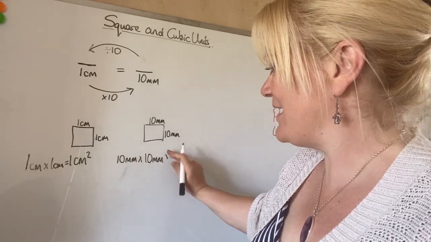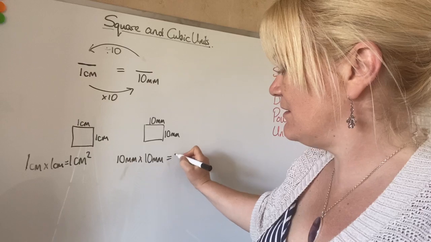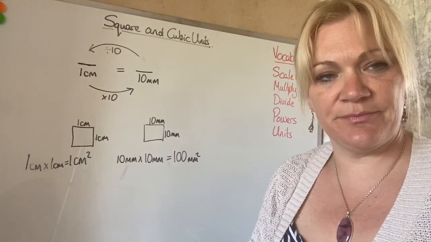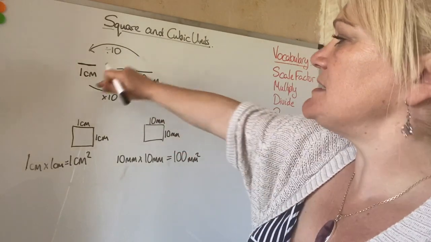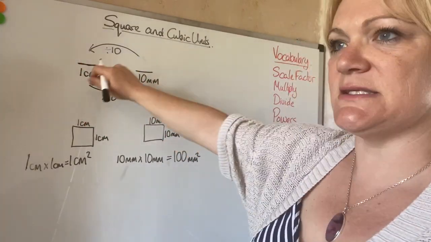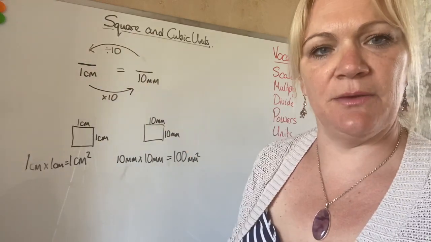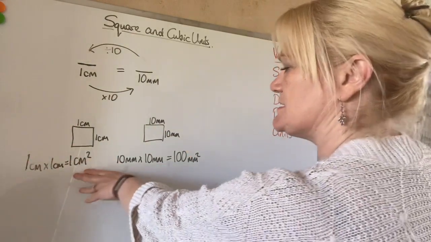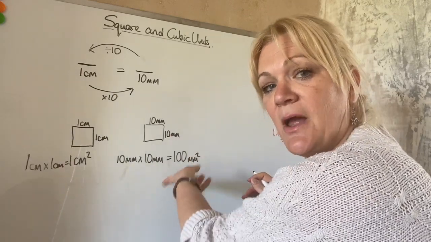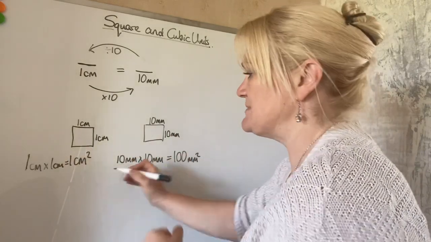When we work it out, we end up with 100 millimetres squared. So going from centimetres to millimetres, we multiply by 10, or millimetres to centimetres, we divide by 10. But when we're dealing with centimetres squared and millimetres squared, we have to multiply by 100 or divide by 100.